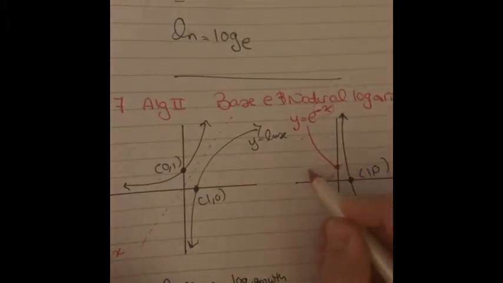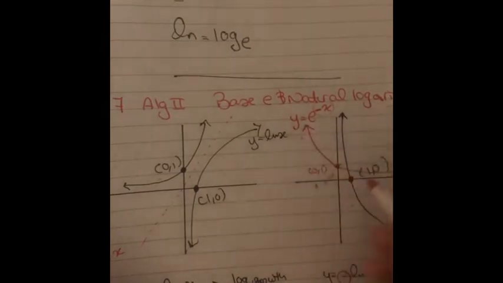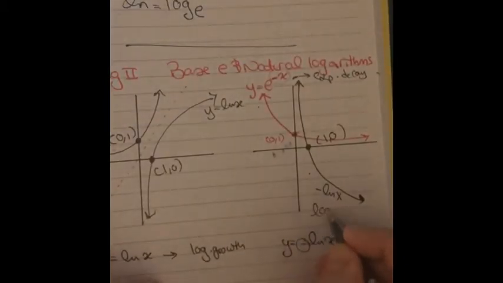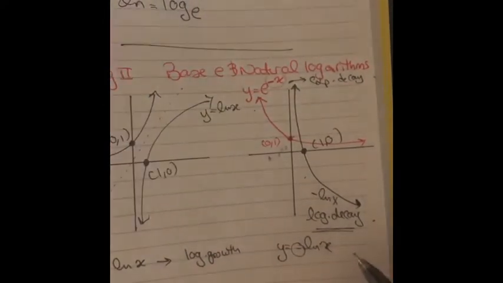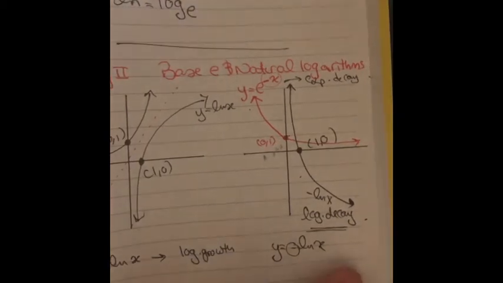It will intersect at (0, 1), and just looks like exponential decay. So this looks like an exponential decay, and this negative ln x just looks like a logarithmic decay. Anyways, these are the basic graphs for solving; of course we can move them, translate them, and everything.